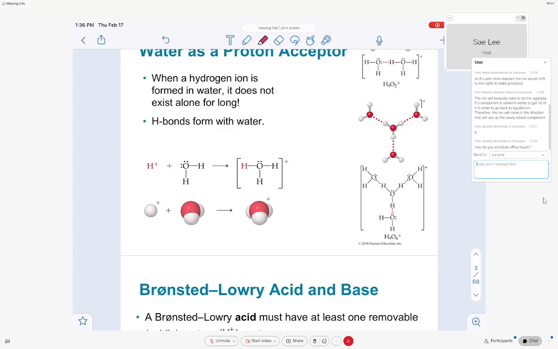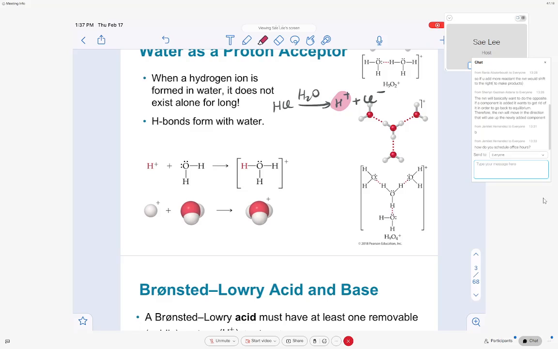So according to Arrhenius, he expressed the hydrochloric acid and water equation like this. But in reality, this hydrogen ion that has formed doesn't stay alone for too long.